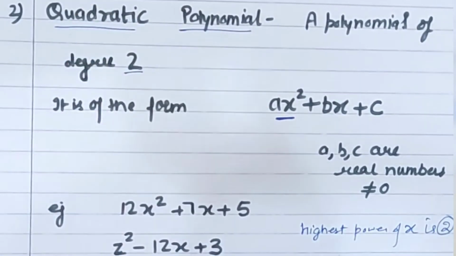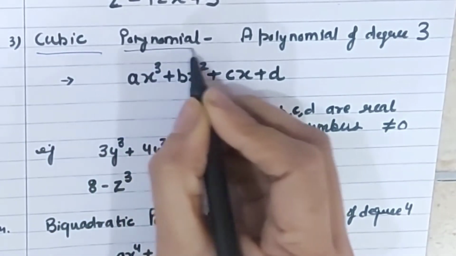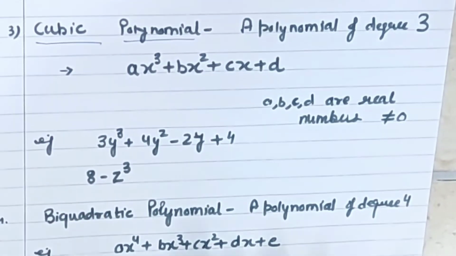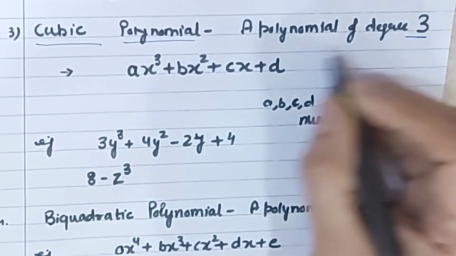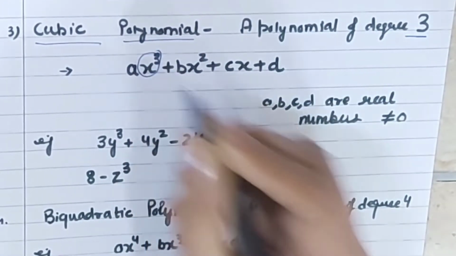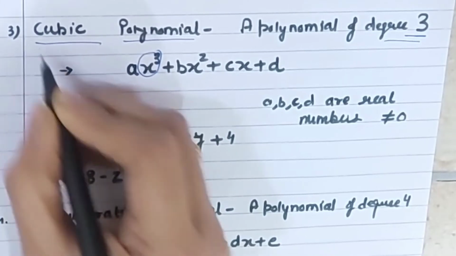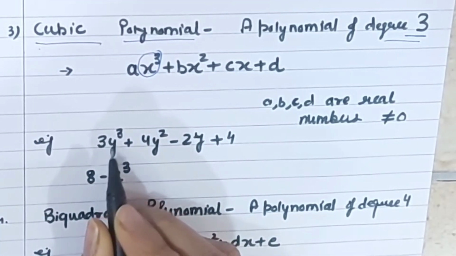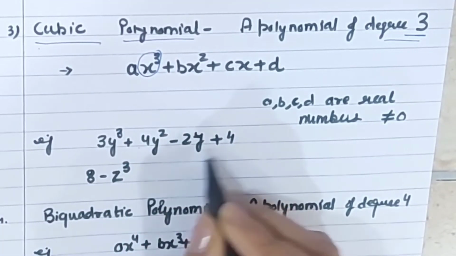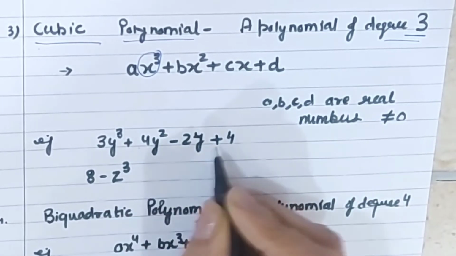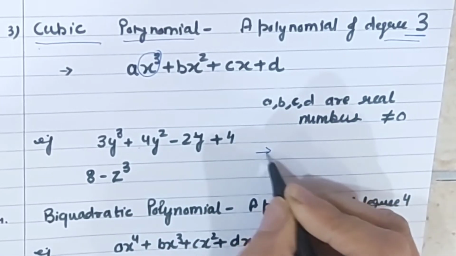Quad means 2, right? Next one is the cubic polynomial. A polynomial of degree 3 means the highest power of the variable is 3. That is a cubic polynomial, like this one, 3y cube plus 4y square minus 2y plus 4. This is a cubic polynomial.